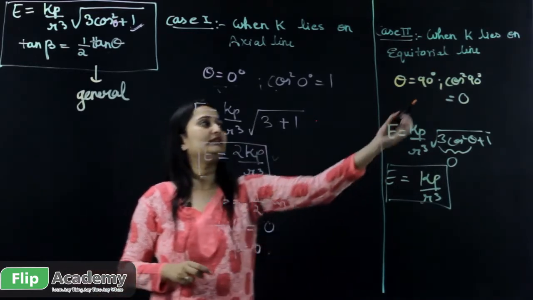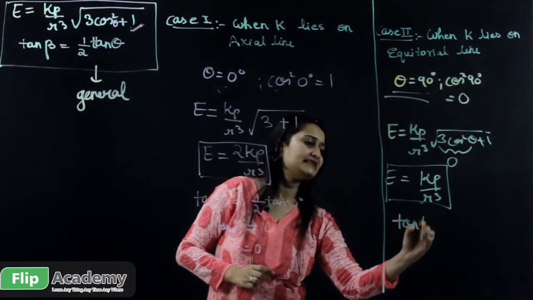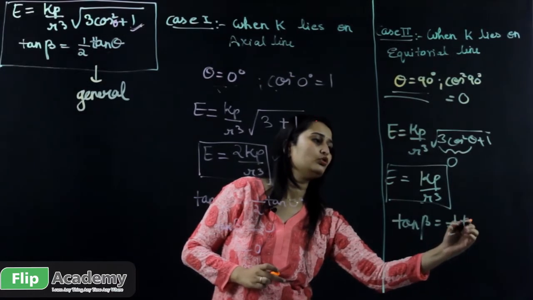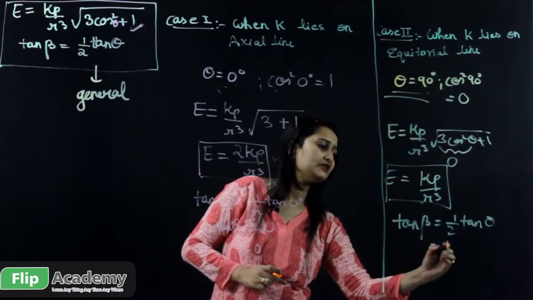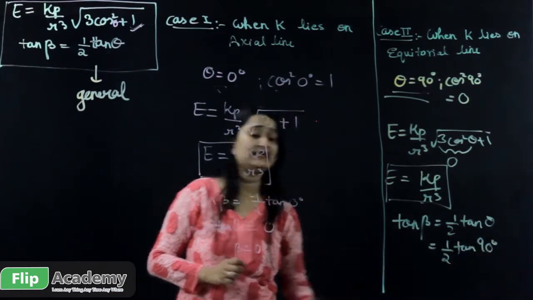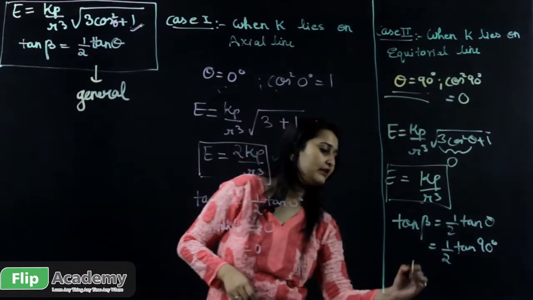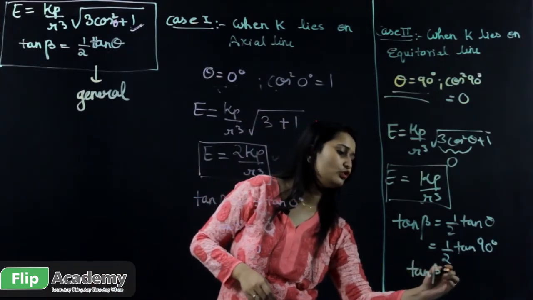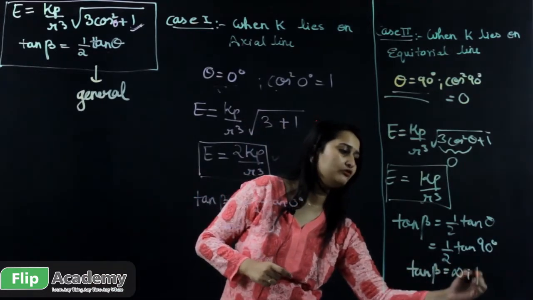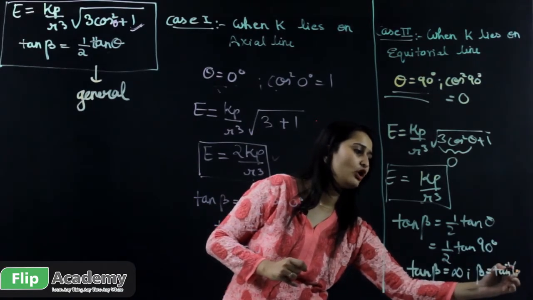Similarly, you have to put this condition in tan β. Now let me put it as tan β equals 1 by 2 tan θ, that is 1 by 2 tan, and θ now becomes 90 degree. What is tan 90 degree? Tan 90 degree is infinite. So tan β equals infinite, and you have to find out β, which becomes tan inverse of infinite.